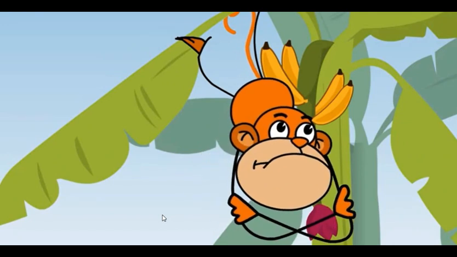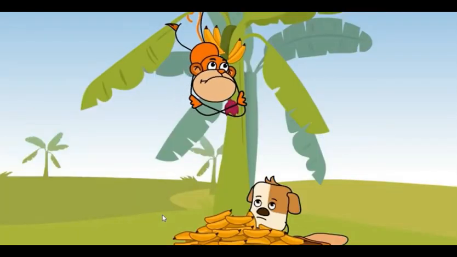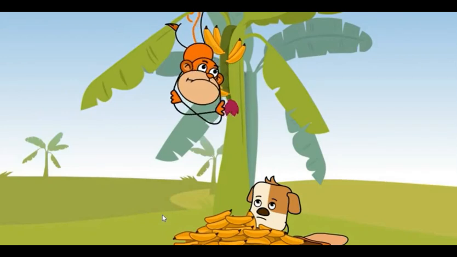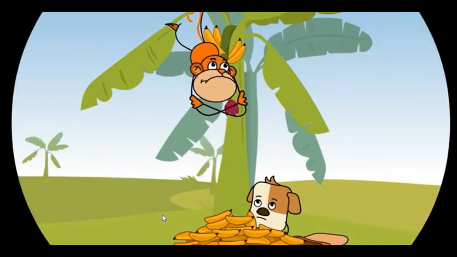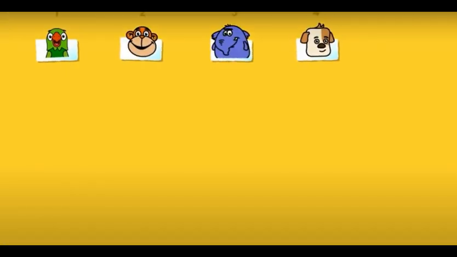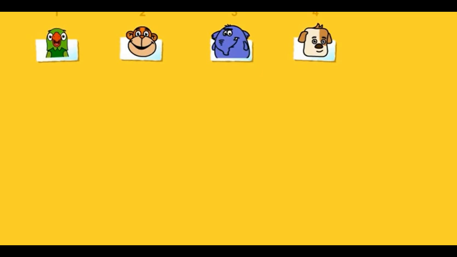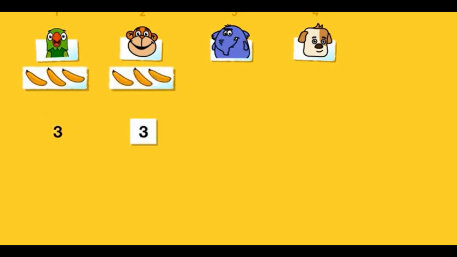Now we must help Gul calculate how many bananas he needs for all his friends at the party. There will be 4 people at the party. Gul wants to give each one 3 bananas. So 3 bananas for Tota, 3 bananas for Jojo, 3 bananas for Thud, and 3 bananas for Gul.